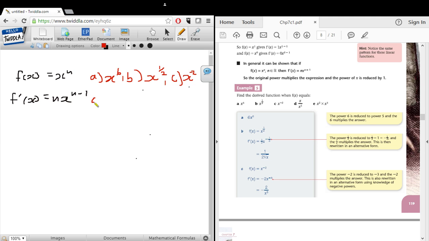Well, for a, n here is 6, and n minus 1 is 5. For b, n is equal to a half, so we're going to have a half x to the power of, what's a half minus 1? Well, it's going to be minus a half. For c, x to the power of minus 2, n is minus 2, and n minus 1 is minus 3. Very simple, very straightforward, nothing challenging here.